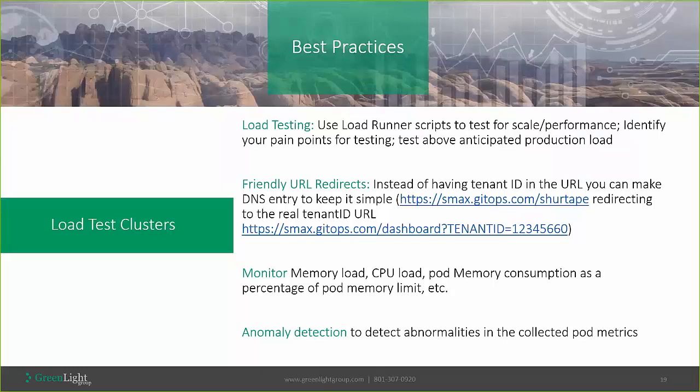It depends on what your potential max load is, but you're going to increase several times to make sure that you can handle any load during peak hours. In that way, you understand what the limits are of the application, whether you need to add more worker nodes, more CPU, more memory, to really get an understanding of what the limits of your SMAX cluster are.